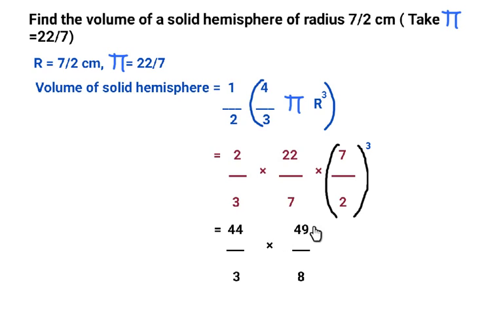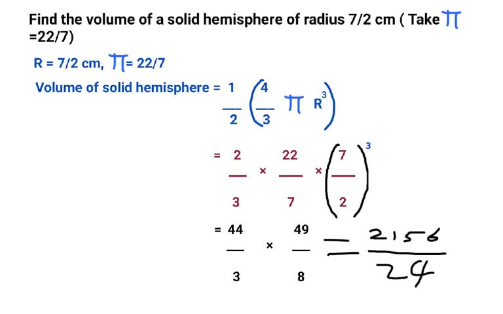44 times 49 equals 2156 over 3 times 8 equals 24.